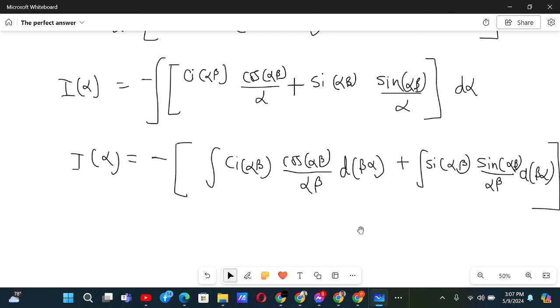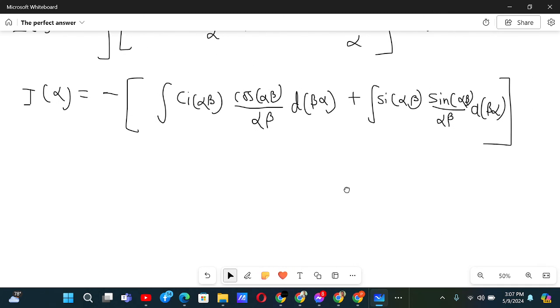Yes. So now what I want to do is let's say g as beta alpha, where alpha is the variable.